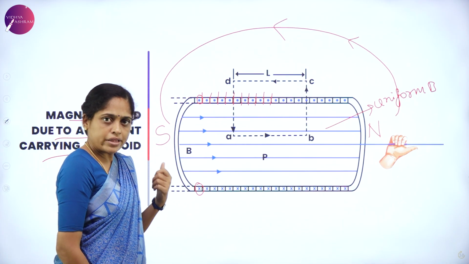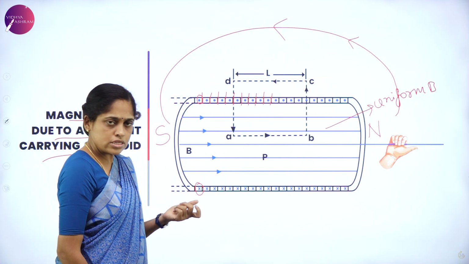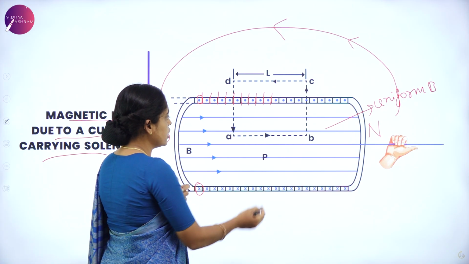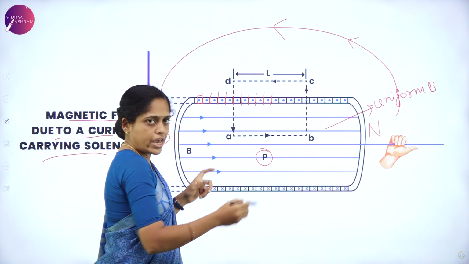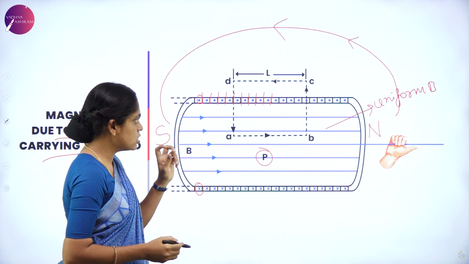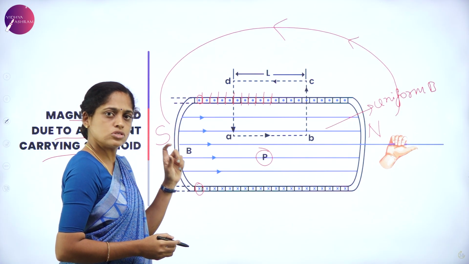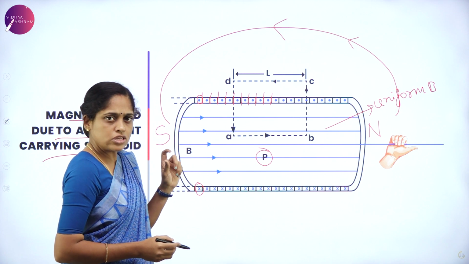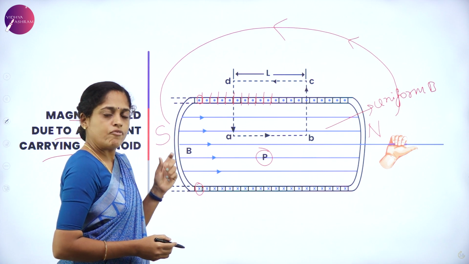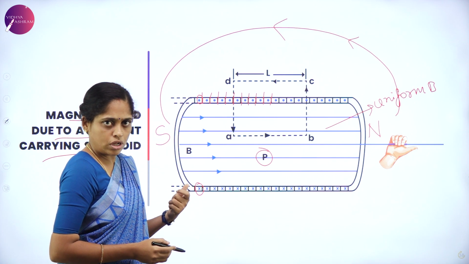As this magnetic field strength is uniform, you can consider a point anywhere inside. To find the strength of the magnetic field, we use Ampere's circuital law.